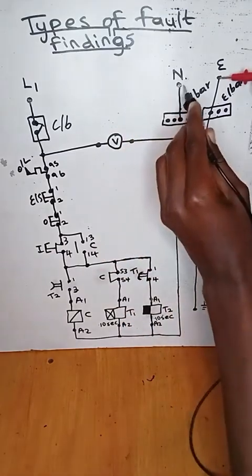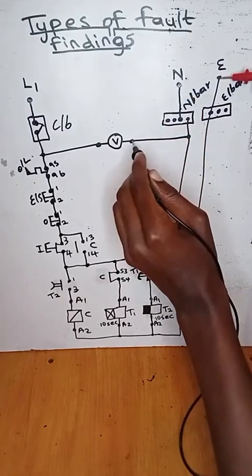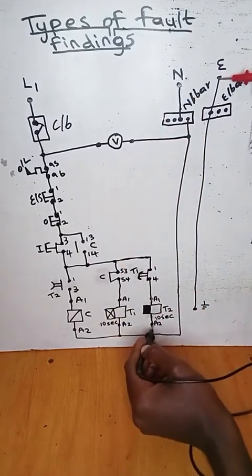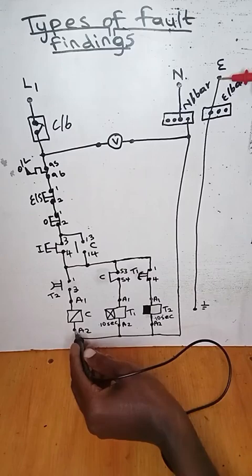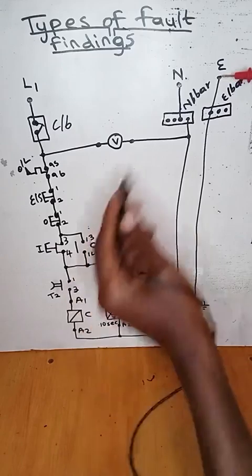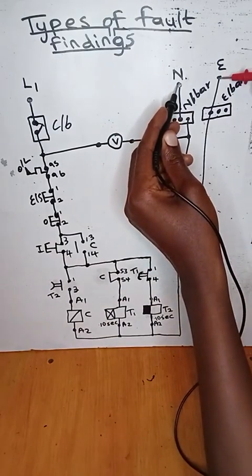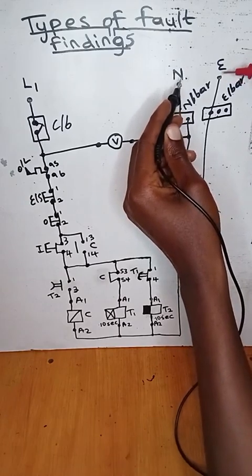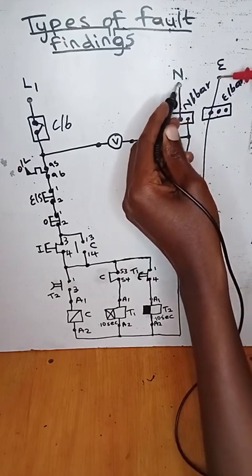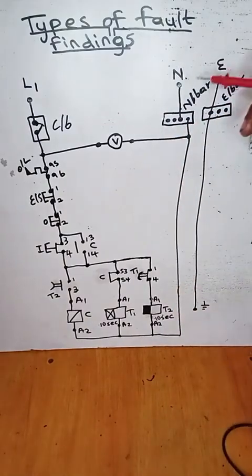With the neutral from here to the neutral bar to the voltmeter, A2 of delay on timer, A2 of delay on timer, and A2 of coil of contactor, right? It's when we have put it from where it starts, and also from where it starts from the earth. They shouldn't be connected to each other, to show that the sketch is correct. So we are done with neutral and earth.